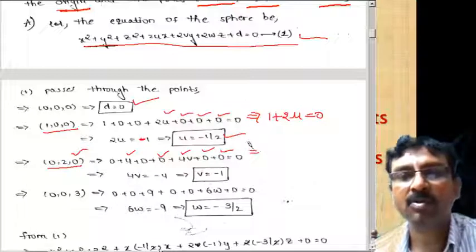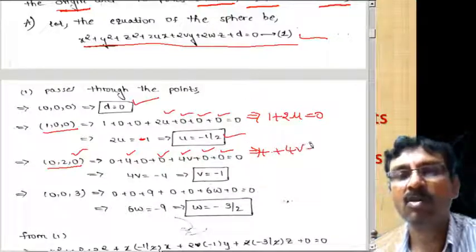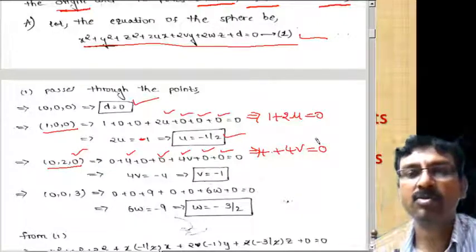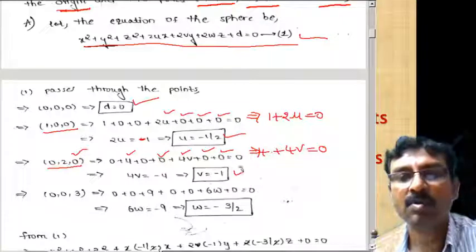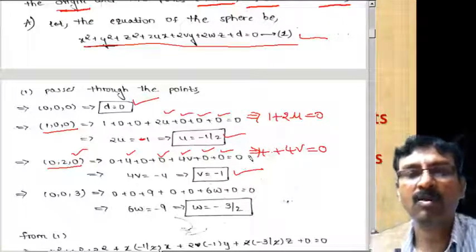Finally we get 4 plus 4v equal to 0, then 4v equal to minus 4, which implies v equal to minus 1.